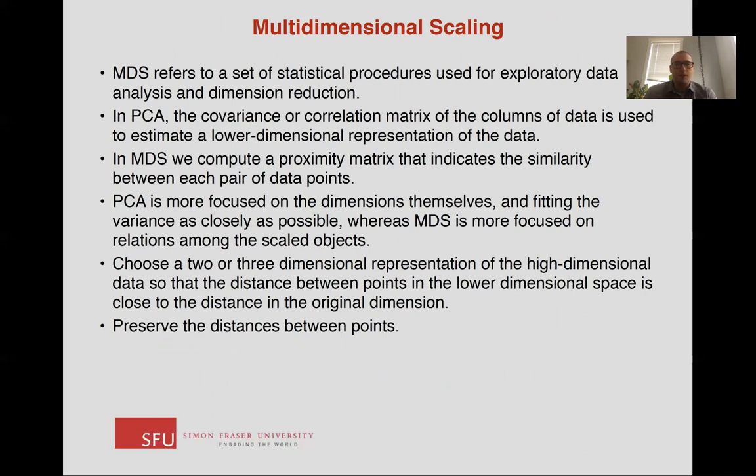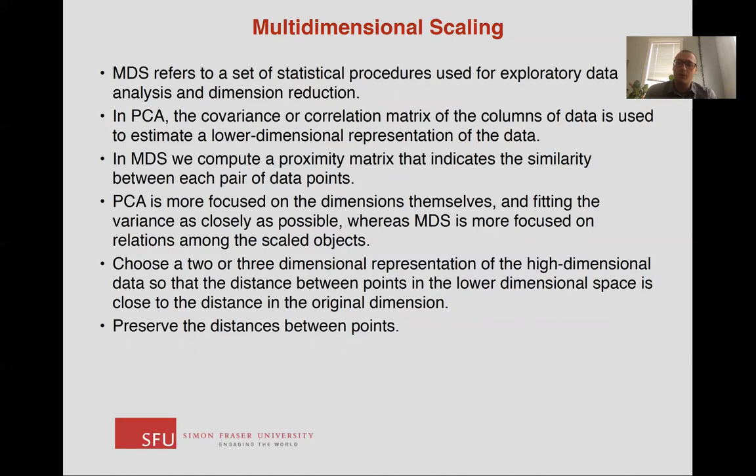It's different from PCA in that now we're using a proximity matrix rather than a covariance or a correlation matrix. The covariance or correlation matrix in PCA has dimension equal to the number of columns by the number of columns. In MDS, we're computing a proximity matrix.